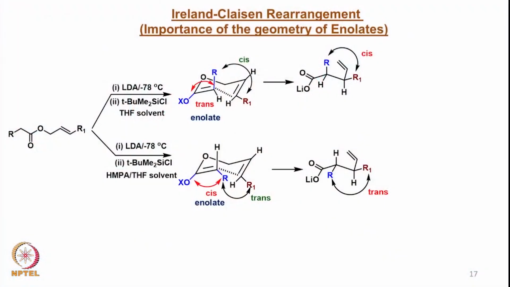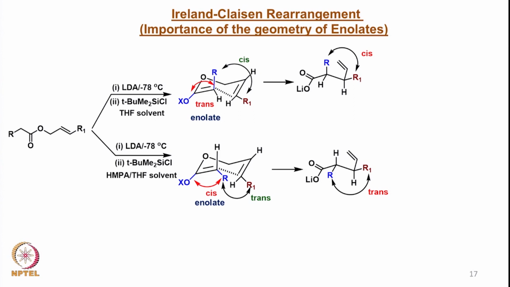Now we will try and look at the enol silyl ether, that means silyl enolates, having a silyl group. In this case the Ireland-Claisen rearrangement is an important reaction which depends on the geometry of the enolate. We also saw the geometry of the enolates influencing the formation of the syn aldol and anti-aldol.